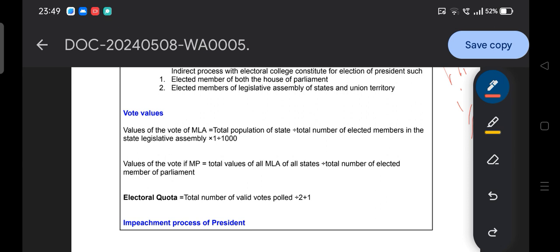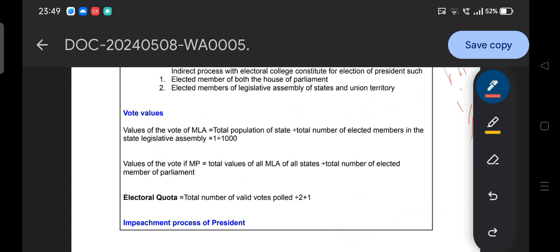Believe me, this question was already asked in UGC NET, February cycle of 2023. So you should remember this, because it can come in your examination.